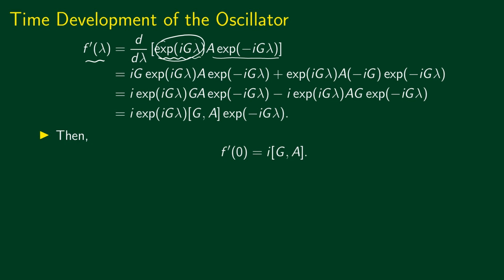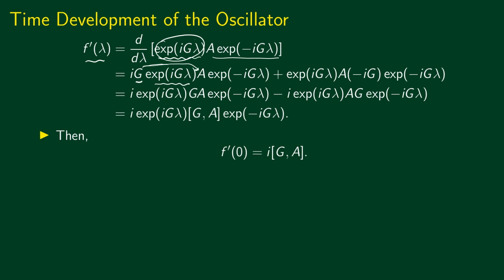We now just have to rearrange the terms here. Let's look at this term. Here we have the operator g and a function of the same operator, g and exponential of g. We know that an operator commutes with itself. An operator commutes with any function of itself. So g and exponential ig lambda commute, which means that we can take g to this side, right?